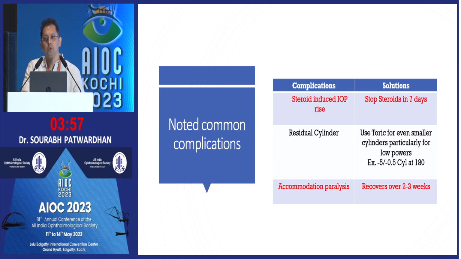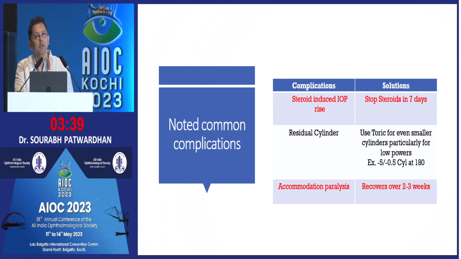So it will not be the usual 0.2, 0.3. I have seen that with lower CCT, SIA can be as high as 1 diopter. So if you use a spherical IPCL in this case, the patient will end up with residual cylinder. So as far as possible, go for toric phakic IOLs.